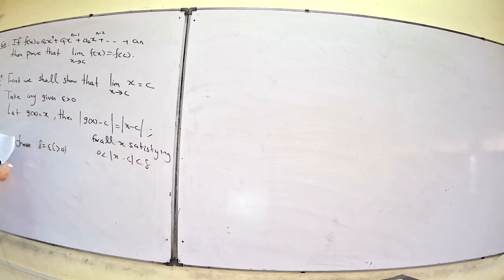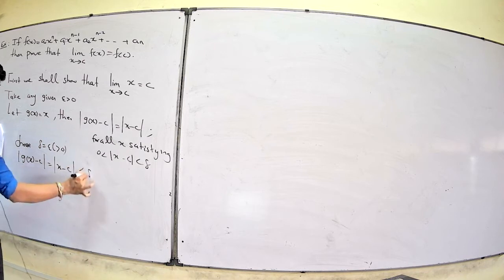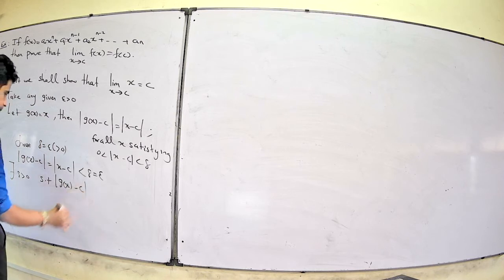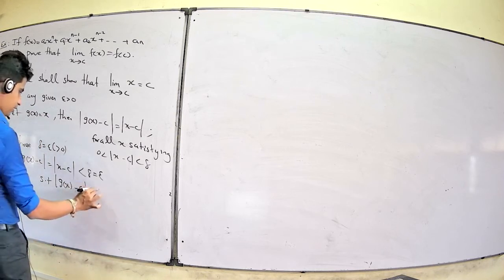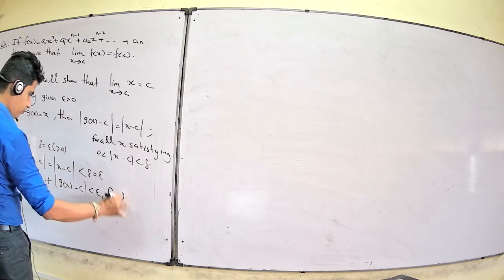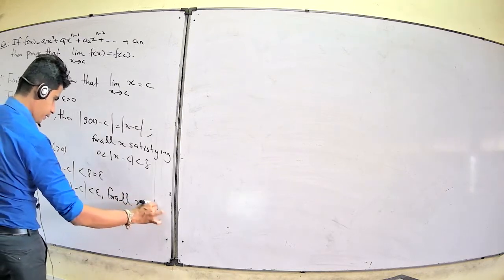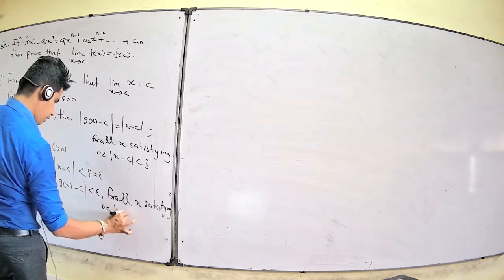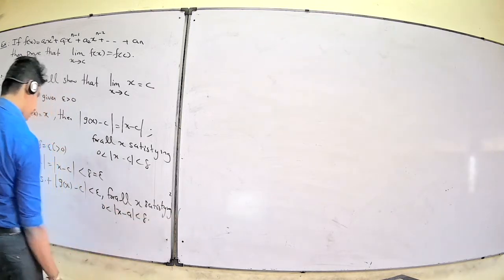Delta equal to epsilon, positive. Then your f of x minus c equals x minus c, less than delta equal to epsilon. That is, there exists delta greater than 0 such that modulus f of x minus c is less than epsilon for all x satisfying 0 less than modulus x minus a less than delta.